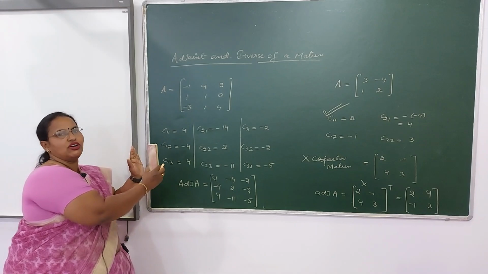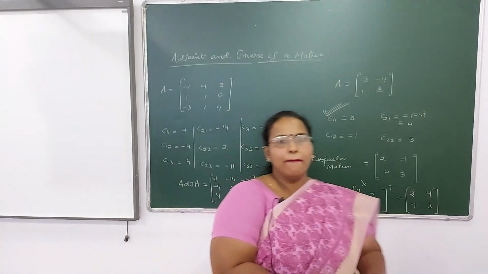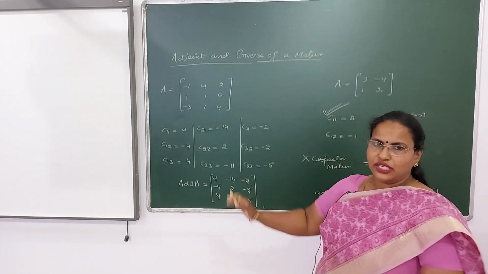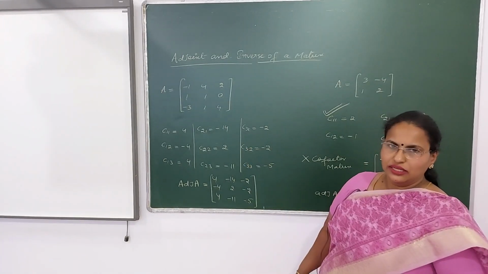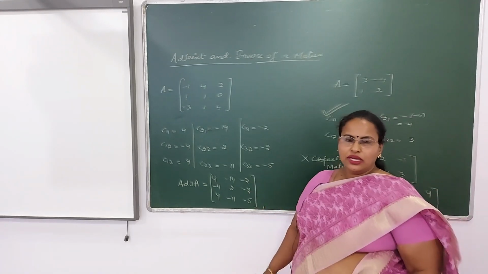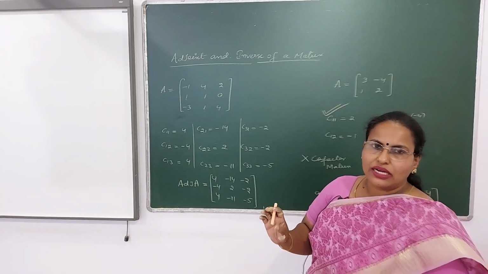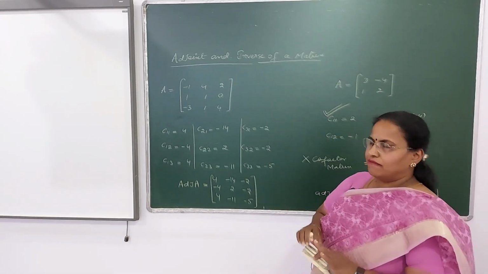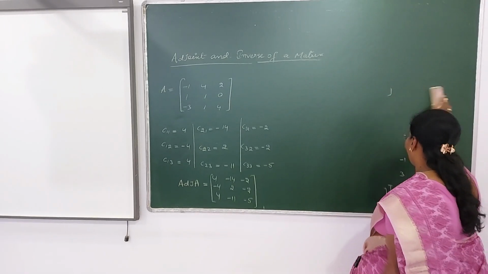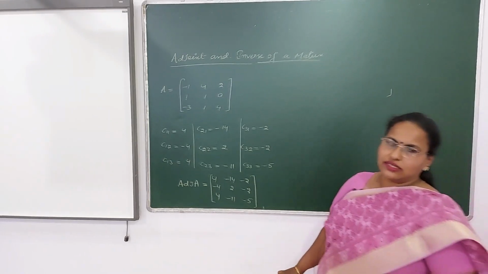This is the method of writing down adjoint of a given matrix. So I hope children the presentation you are able to understand. So here the step in between I have skipped. Which step? Writing down the transpose of the cofactor matrix. Okay. So this way, this is the method of writing down or finding adjoint of any square matrix.